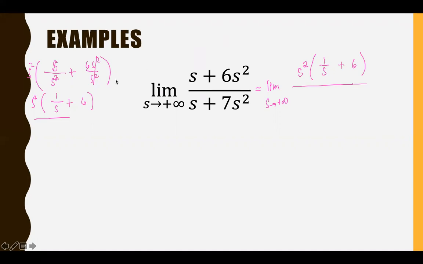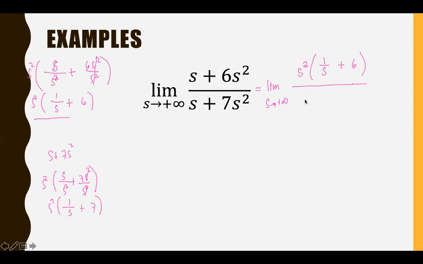So let's try to use this process on the denominator. If we have s plus 7s squared, since we know that s squared is the degree, we can put s squared times s over s squared plus 7s squared over s squared. And s over s squared will be 1 over s, and 7s squared over s squared cancels, so that will be 7.